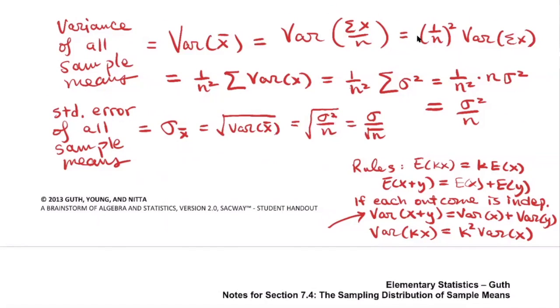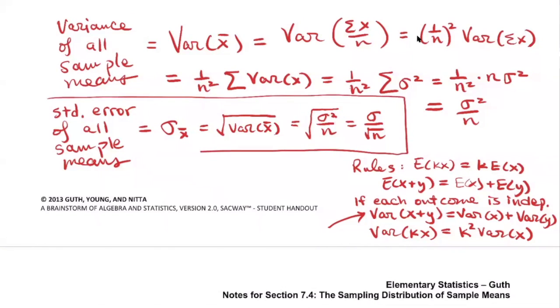And remember, the margin of error is usually 2 of those. So when we do the margin of error for an average, it's just going to be approximately 2 standard errors. So now we've got a formula for the standard error. Okay, any questions about that? I'm going to put a box around that so it doesn't get confused with the other stuff.